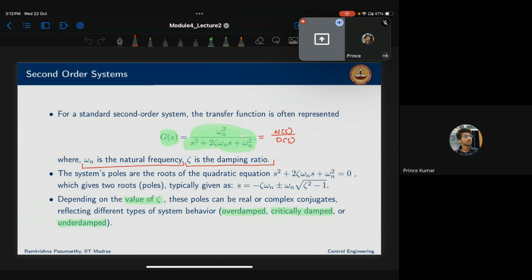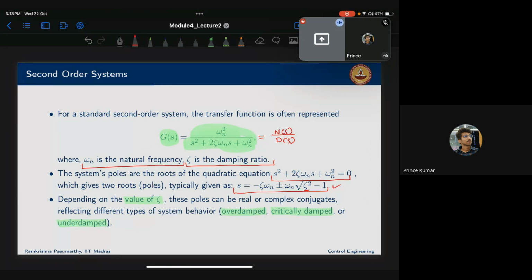If you consider the denominator, this is the expression we have, and find the roots. These are the two roots of the denominator: minus zeta omega n plus or minus omega n root over zeta square minus 1. Based upon the zeta we have here, if zeta square is greater than 1, this will be positive.